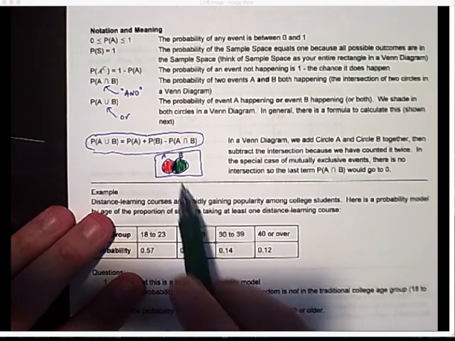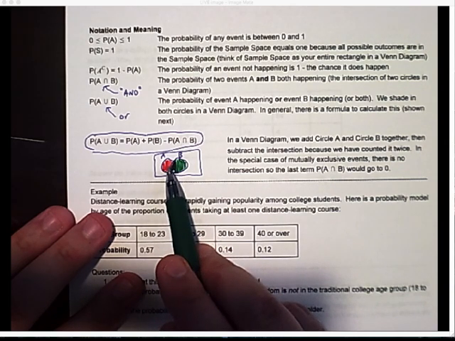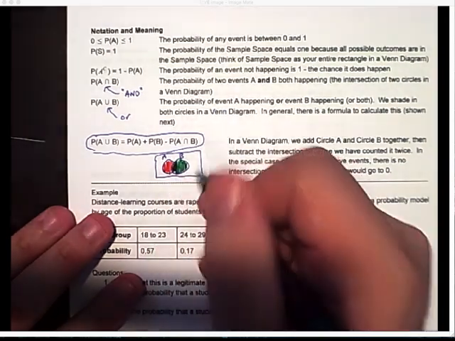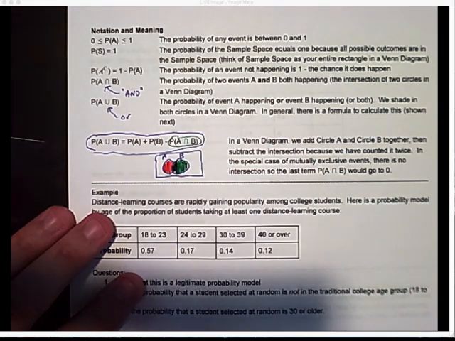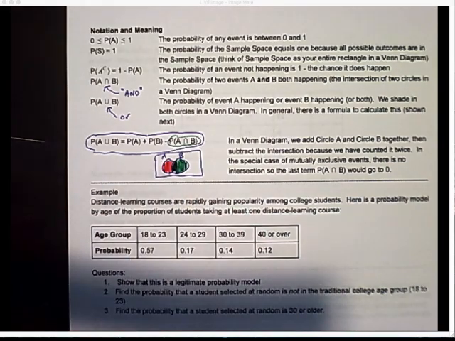You've actually added this middle part twice. So if someone's in A or B, since we've added this middle part twice, and that middle part happens to be the intersection, we have to subtract one of them because we don't want to add it twice. We only want to add it once.